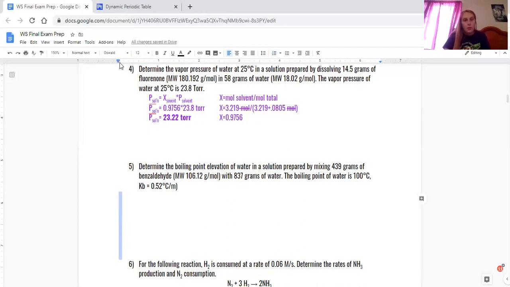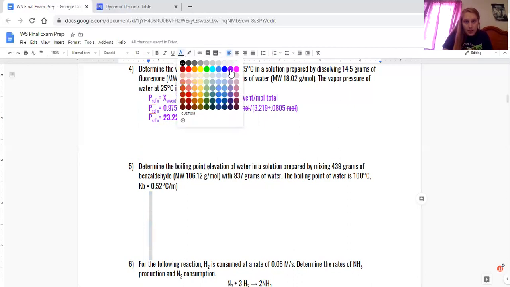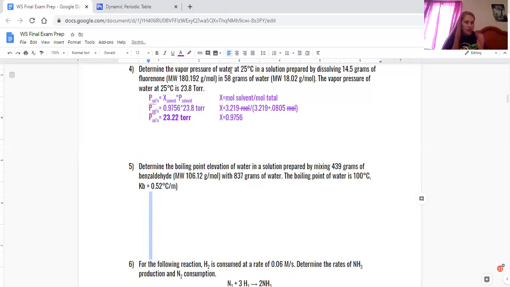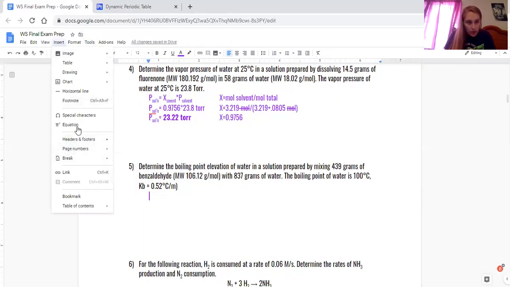So if you remember your equation for this, I'll get that put up here in just a second. That's going to be the change in temperature when it boils, equal to i times Kb times molal. Let me get a delta symbol real quick.